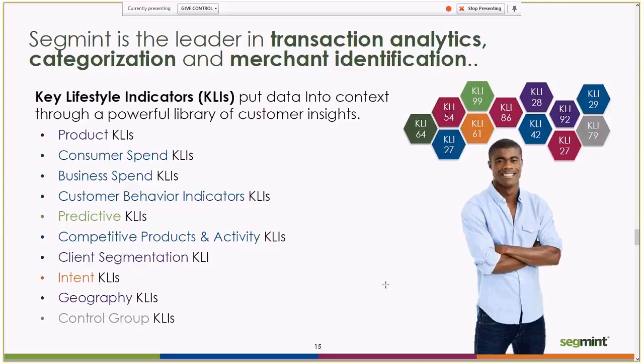And even down to basic blocking and tackling analysis, breaking down geography key lifestyle indicators, not only that they happen to be a member within the footprint your institution serves, but what specific areas and postal codes these members reside in and do a lot of their transacting. Where do they make purchases, et cetera.